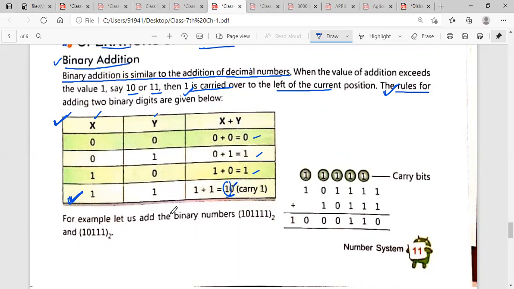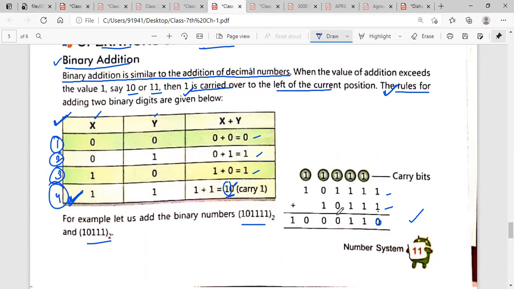Now let us add the binary numbers, this one and this. We will add these two binary numbers. Now look at this example. There are two binary numbers. Now 1 plus 1 is 0. We will apply the fourth rule. Here, take the first rule, second rule, third rule, and fourth rule.